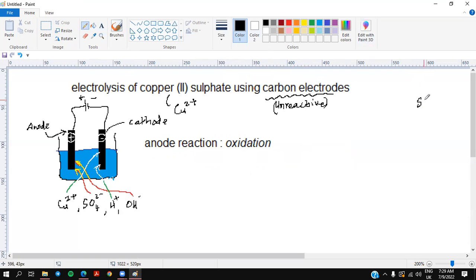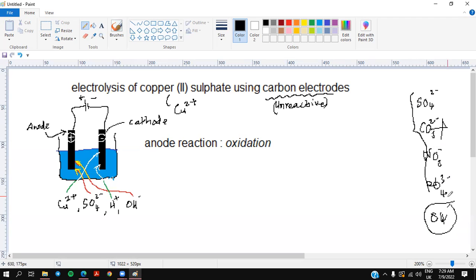If you have sulfate ions in a medium, carbonate ion, nitrate ion, phosphate ion, likewise we can get many oxyanions, and if hydroxyl ions are there along with them, none of these will react. It is always OH minus which is reacting. That sort of a situation is here. We have sulfate ions and OH negative ions. What is going to react is OH minus.